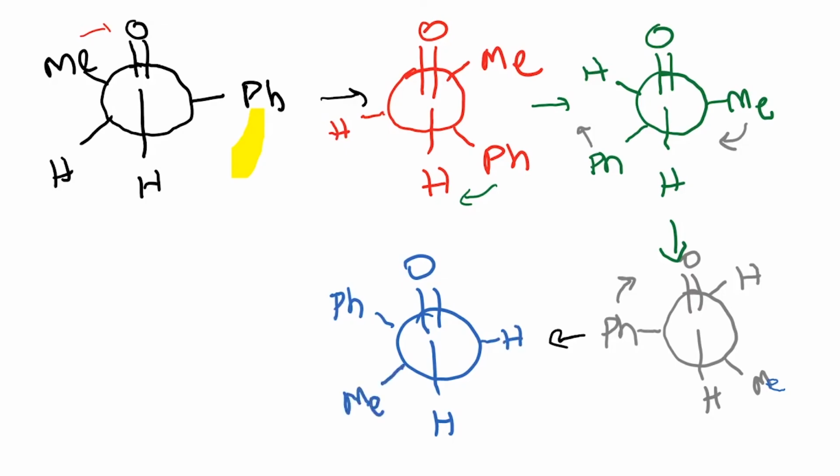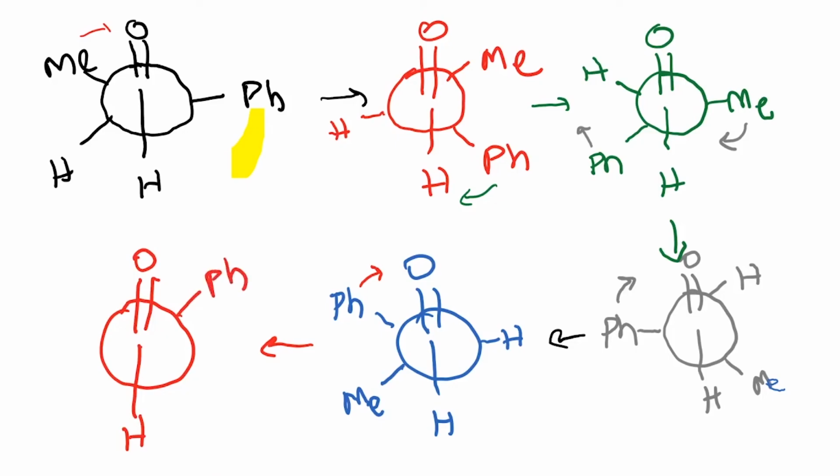The last conformation is with the phenyl ring moving further, doing one more round of rotation, and it's going to give you the C double bond O, H. The phenyl ends up here, the hydrogen is over here, and methyl is now perpendicular.